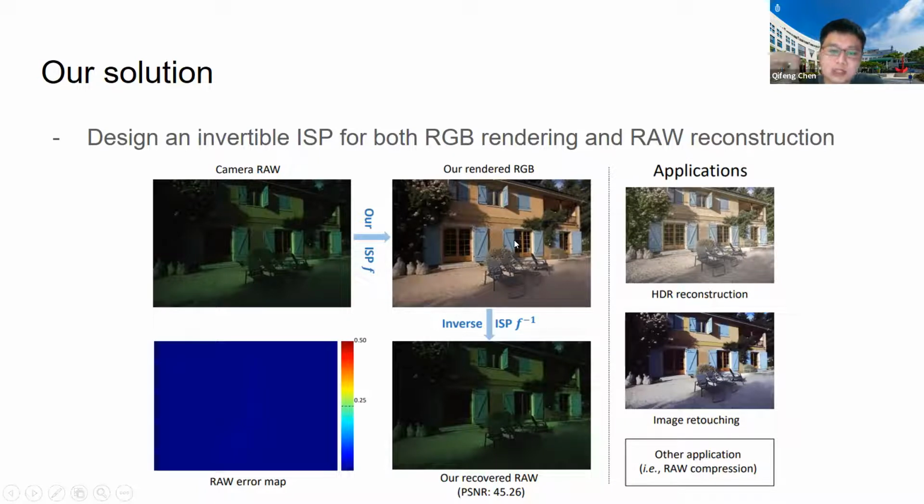Using the same network during the inversion, we can recover the raw data with relatively high PSNR, like 45. And with the raw data, we can do other image editing tasks, for example, HDR reconstruction and image retouching. So it will be very valuable.